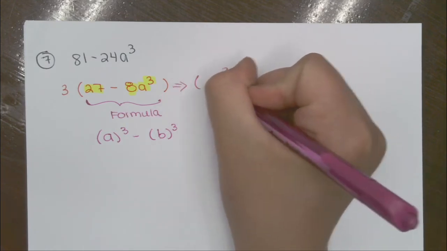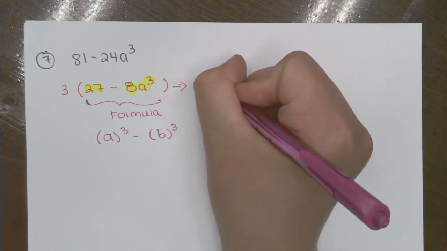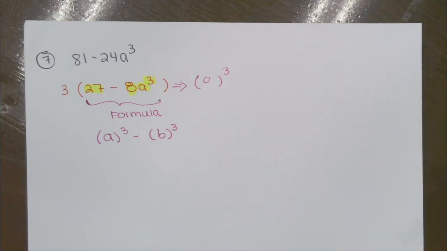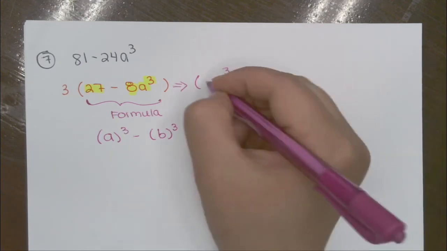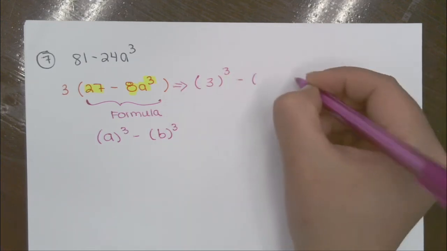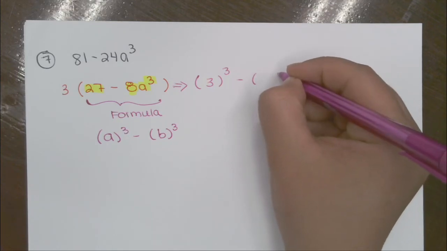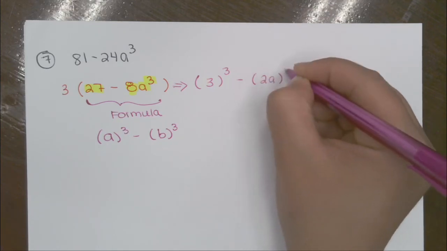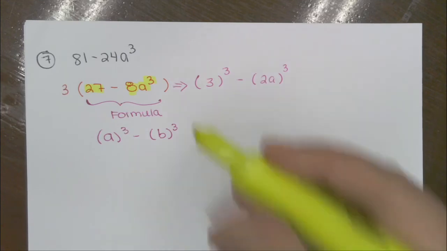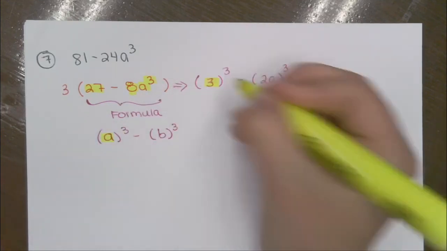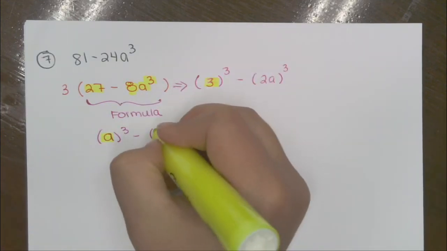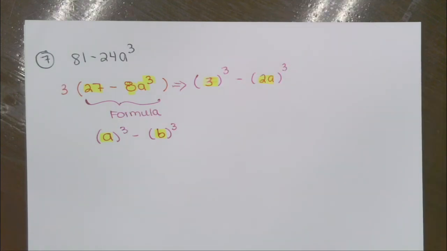What cubed is 27? 3. And then what cubed is 8a cubed? 2a cubed. That means your a is 3 and your b is 2a.